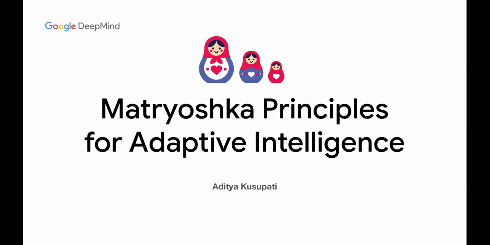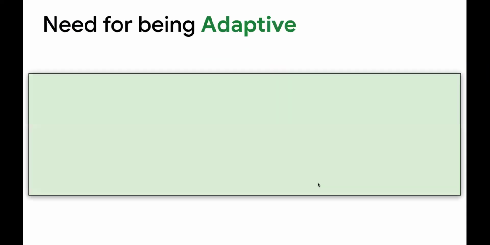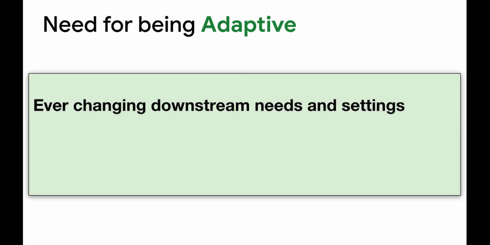At a high level, I use this word adaptive intelligence, and what I mean by adaptivity and why we need adaptivity is that every single deployment setup and even training setup is ever changing, and a lot of the things which we train today might not actually cater to things in the future.